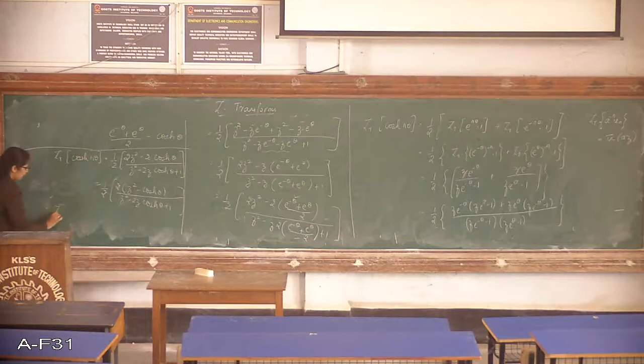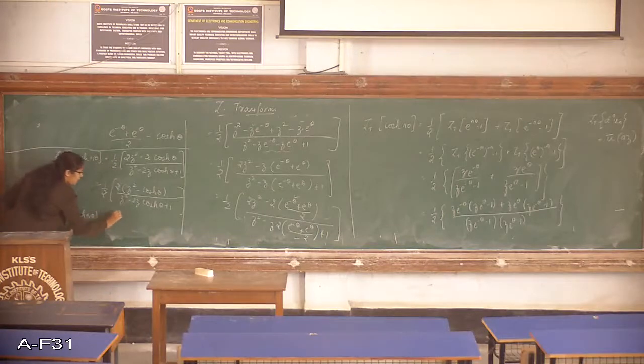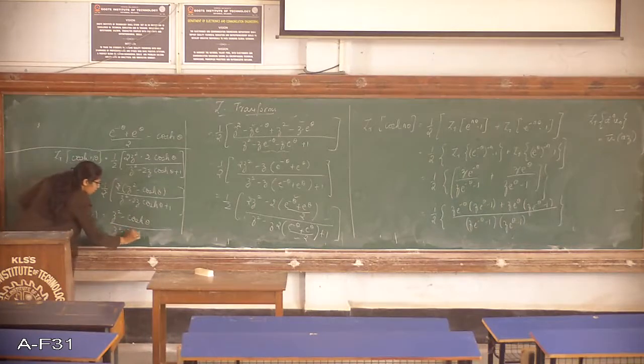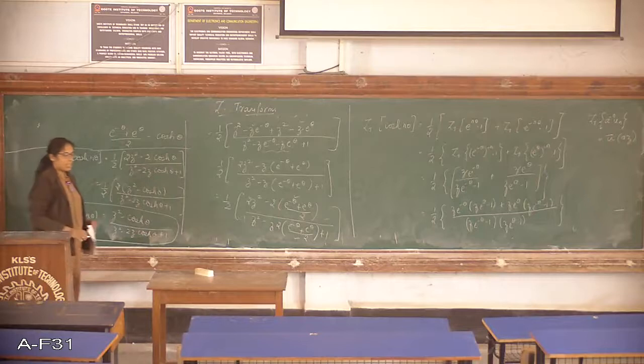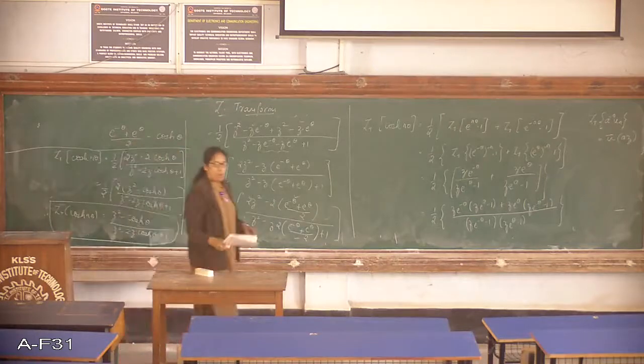Therefore, the result we have for the hyperbolic function cos hyperbolic n theta is z square minus z cos hyperbolic theta divided by z square minus 2z cos hyperbolic theta plus 1. So this is how we find the z transforms of the hyperbolic functions.